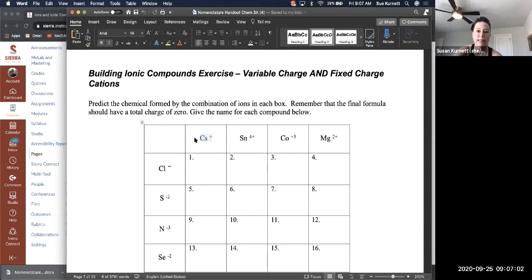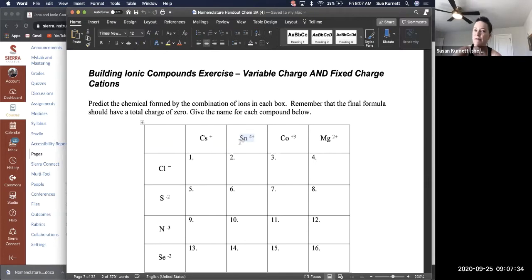So here's cesium. Cesium is a group 1 metal. When it forms an ion, the only choice is +1. So I would just say cesium chloride for the answer in this box. But here's cobalt, and cobalt does have charge choices. It's a transition metal. So I would need to say, for the answer for this box, cobalt-3 chloride. And then sometimes we have exceptions, like tin isn't in the transition metal area, but it does have charge choice possibilities.